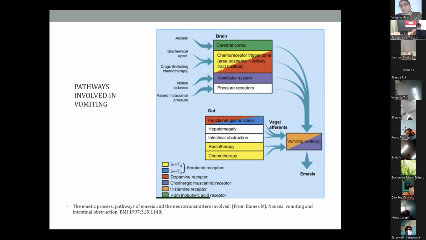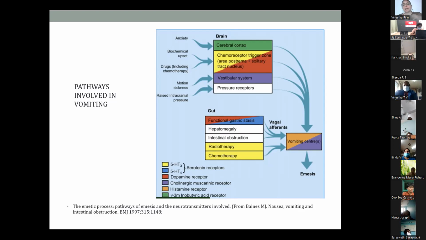Raised intracranial pressure stimulates the pressure receptors. And in the bottom part we have the gut, where you have functional gastric stasis, an enlarged liver or an intestinal obstruction, all of which stimulate the vomiting center and cause vomiting. And chemotherapy and radiotherapy also stimulate the receptors in the gut to cause vomiting.